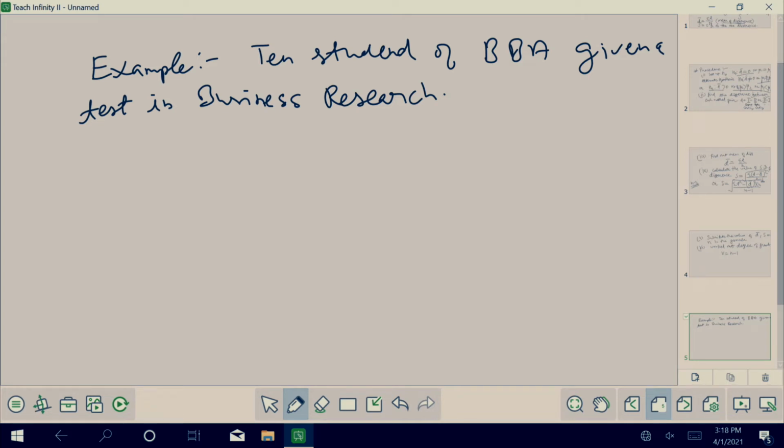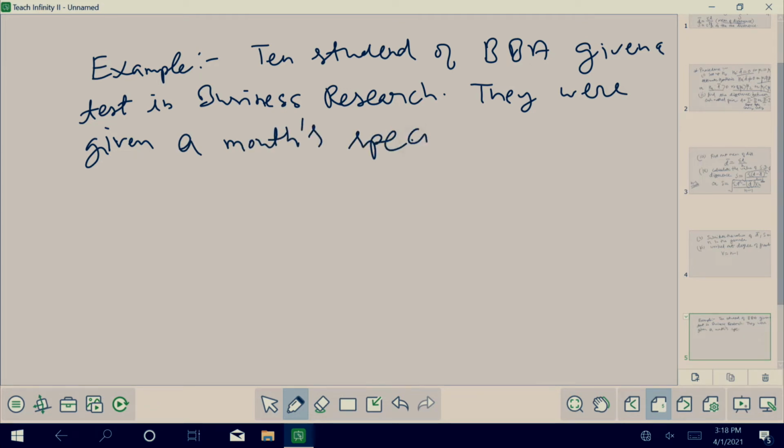They were given or imparted a month of special coaching, right. The coaching is given to them for 1 month.